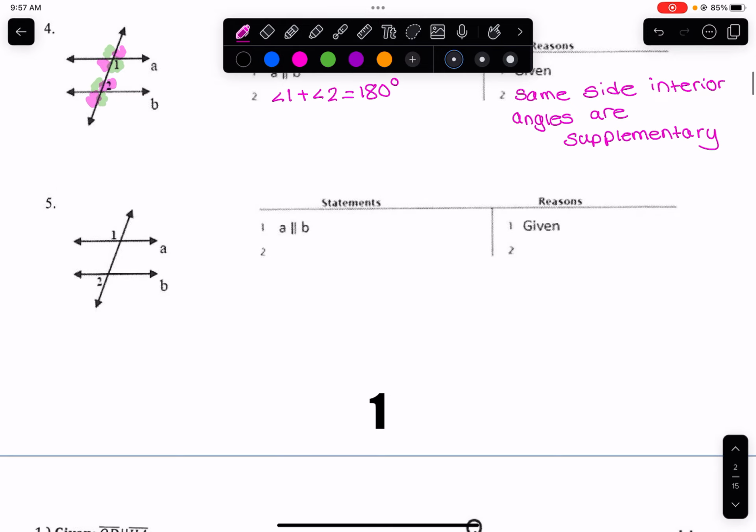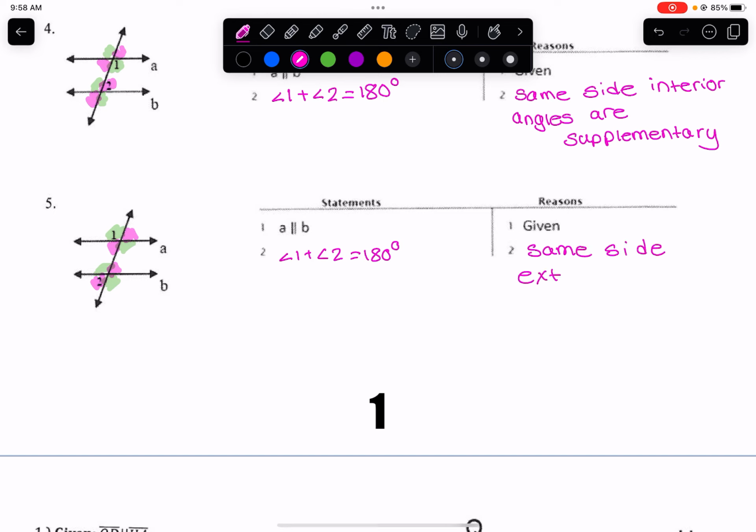Now last one on this page, again, go through, highlight. The highlighting makes this foolproof because very clearly I can see they're different colors, so I know that angle 1 plus angle 2 must equal 180 degrees. Now, these are same side, but they are exterior, and again, they are supplementary.